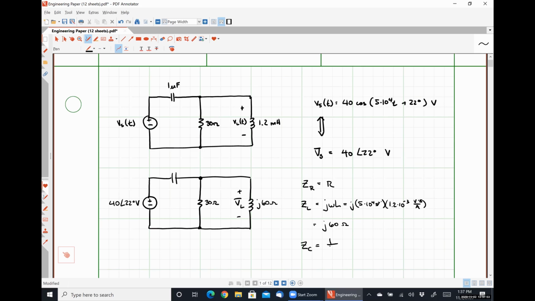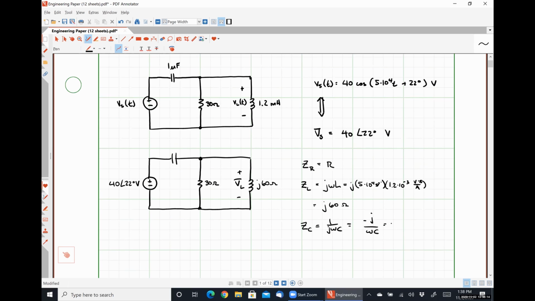ZC is 1 over j omega c, as Ms. Dugas suggested. Or we can write this as negative j divided by omega c, because 1 over j is the exact same thing as negative j, which we proved in the complex number lecture. So that would be negative j divided by 5 times 10 to the 4 per second multiplied by our capacitor, which is 1 times 10 to the minus 6 amp seconds per volt.